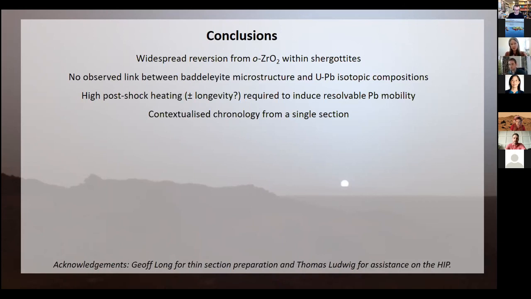So depleted shergottites have the least abundance, intermediates have a moderate number per thin section, and enriched, which is Zagami and 8679, we use feature analysis and it picks up hundreds of grains. And we know that there's Baddeleyite in the breccias as well. I know I didn't find it in the augite basalts, but I don't know about some of the more moderately aged ones.